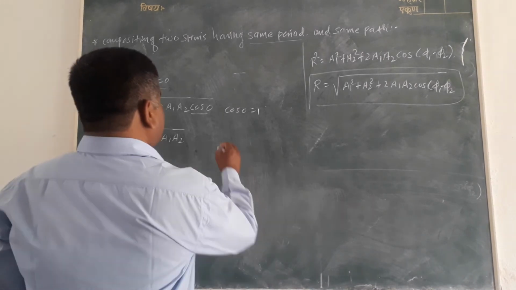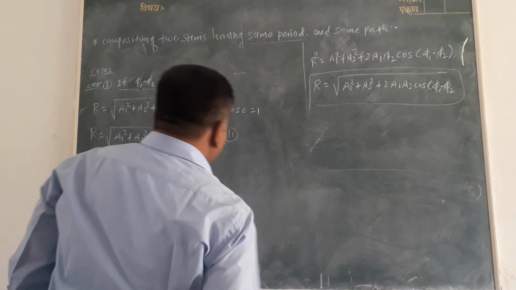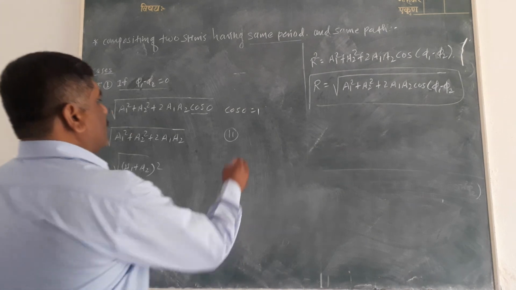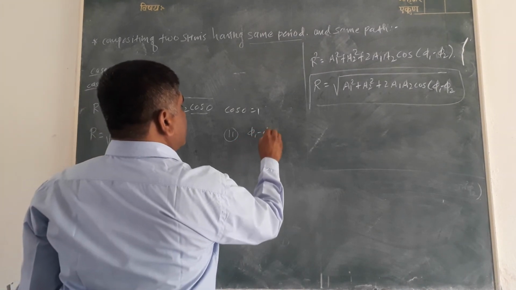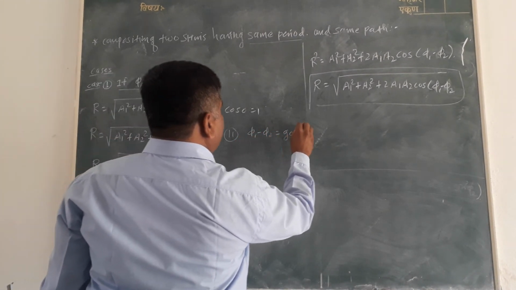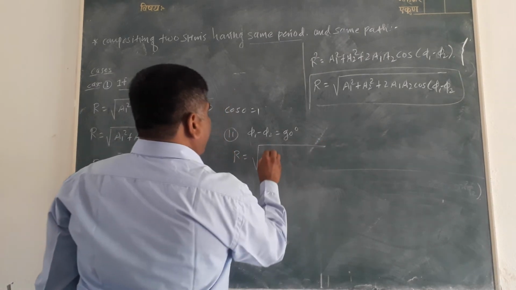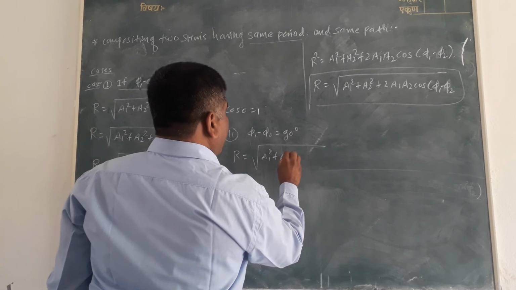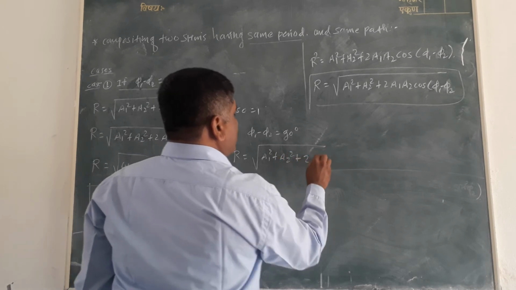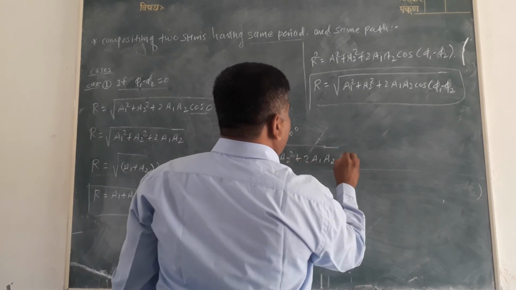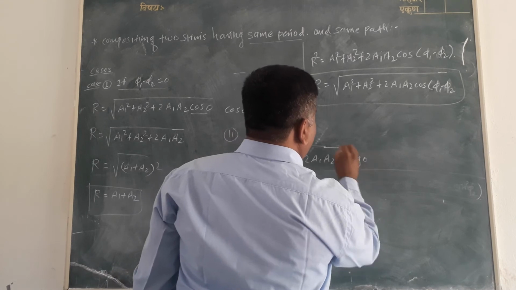Now second case, if phi 1 minus phi 2 is equal to 90 degree, then the resultant amplitude will be A1 square plus A2 square plus 2A1A2 cos 90 degree.